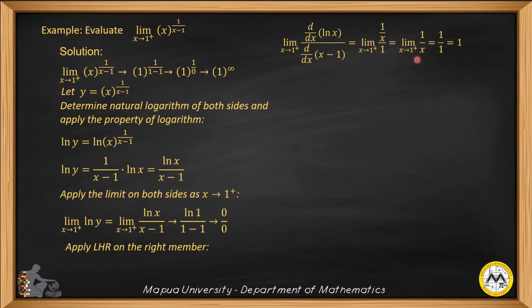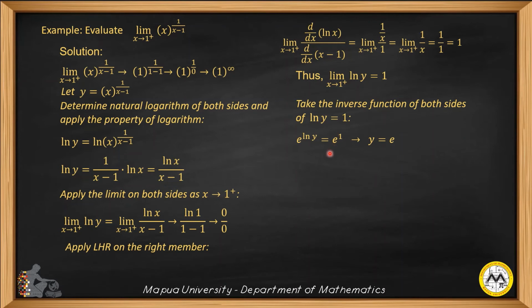So with this, 1 is the limit of 1 over x as x approaches 1 from the right, which is also the limit of ln x divided by x minus 1 as x approaches 1 from the right by L'Hopital's rule. Or we say that is the limit of ln y as x approaches 1 from the right. So on this basis, we now can work on what the limit of y, or the limit of x raised to 1 over x minus 1, would be by working on the inverse function of ln y, which is said to be equal to 1.